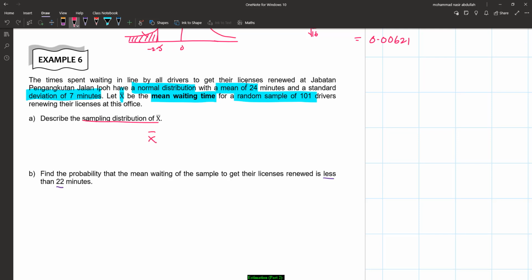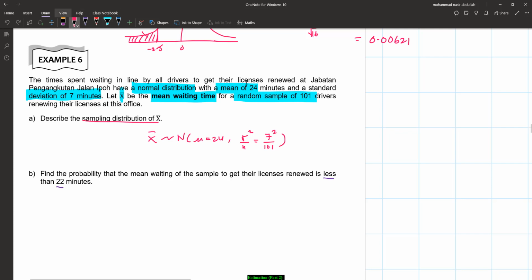So x bar will be normal, with mean equal to 24, and the standard error is 7 squared divided by 101.